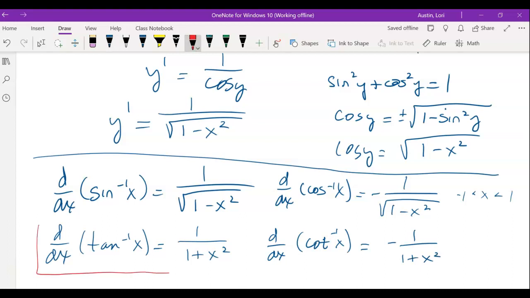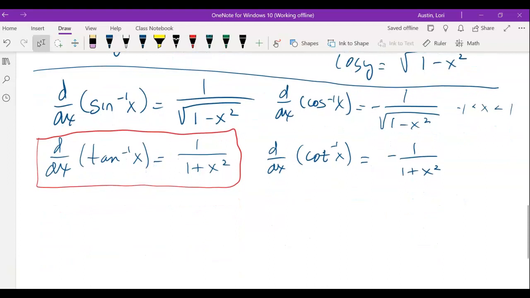This one right here is one of the most used derivatives in calculus. So if you're moving on to Calc 2, if you don't memorize any of these, memorize that one. That is actually one of the most useful ones. And then the last two.